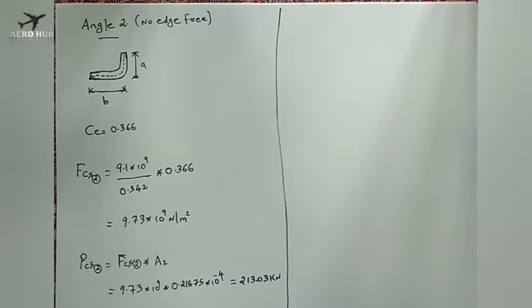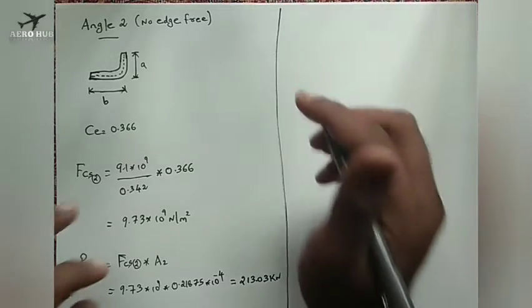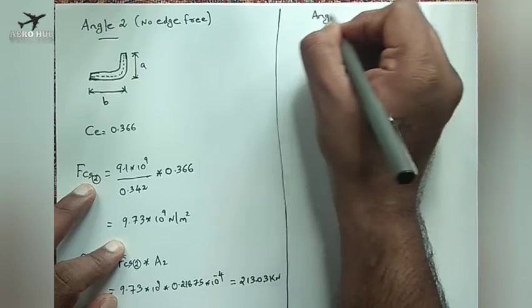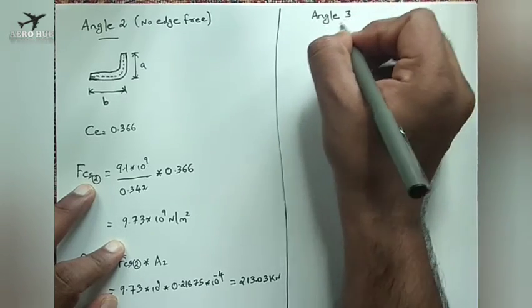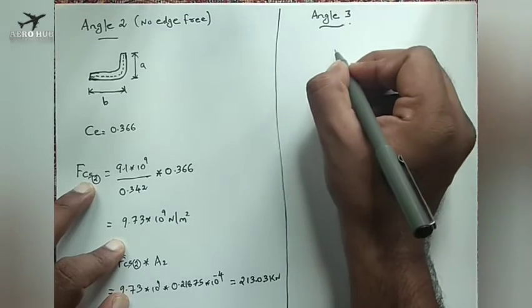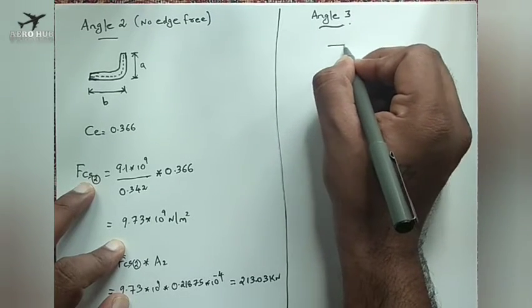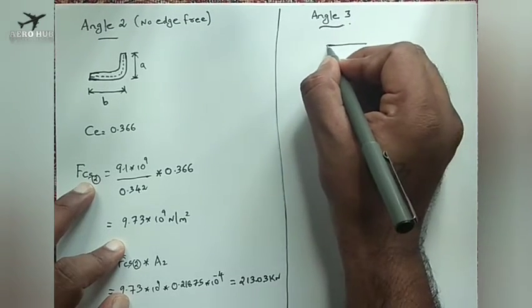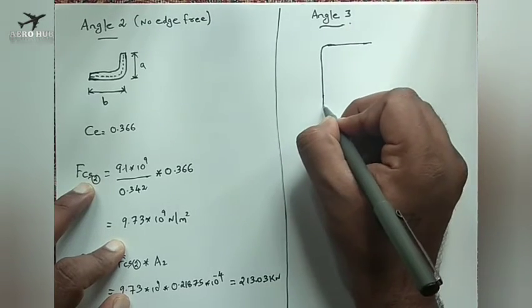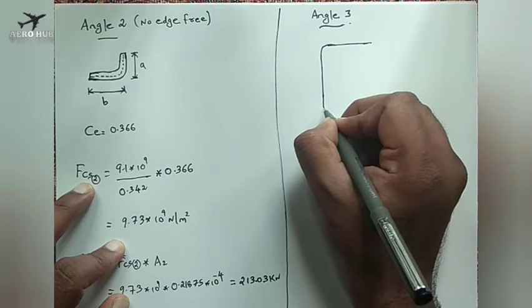Okay, now we will consider angle number 3. So angle 3 will be something like this. This is angle 3. This has larger dimensions than angle 1 and angle 2.